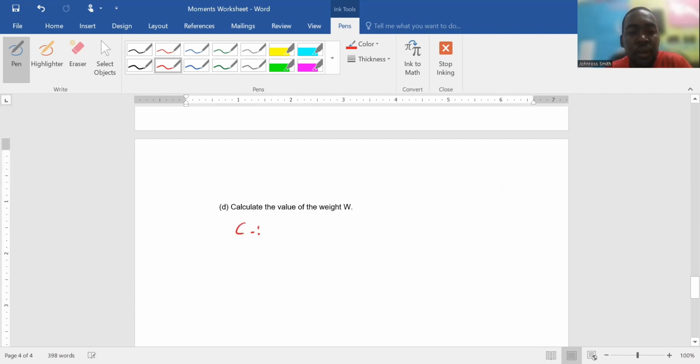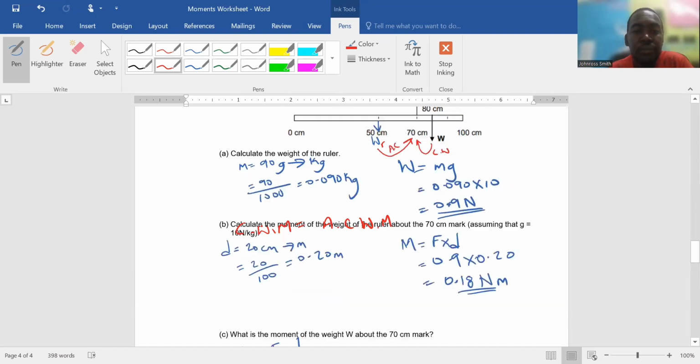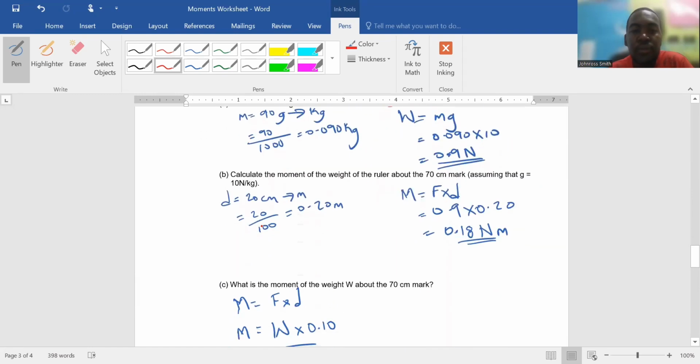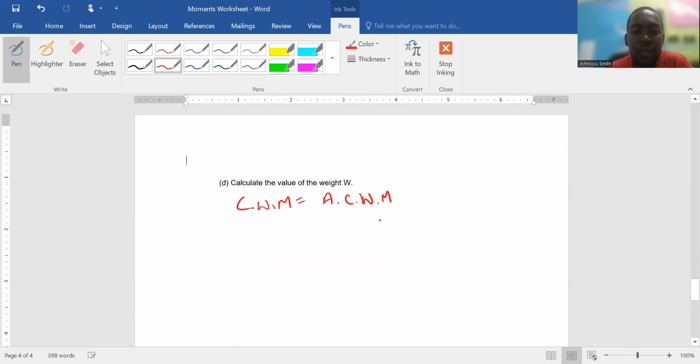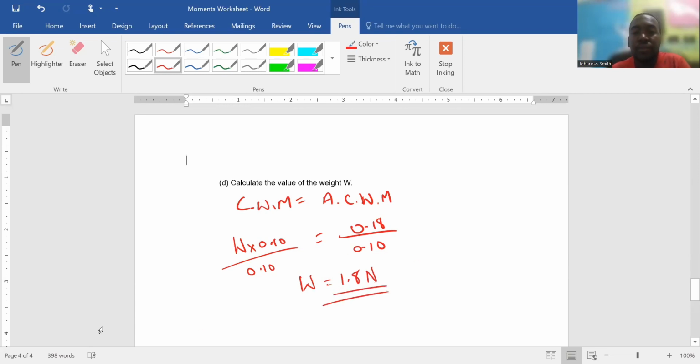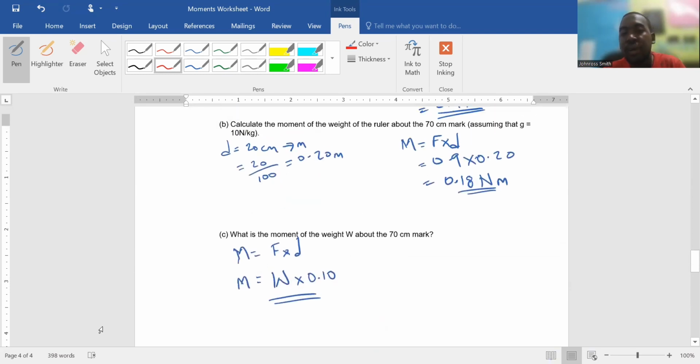So what we do is to say clockwise moment equals the anti-clockwise moment, and the clockwise moment was what we want to find. The anti-clockwise moment is 0.18. Clockwise moment is the weight multiplied by 0.10. So we divide it by 0.10 and we get the weight is equal to 1.8 newtons. And that would be the weight of the mass added to make this ruler balance.